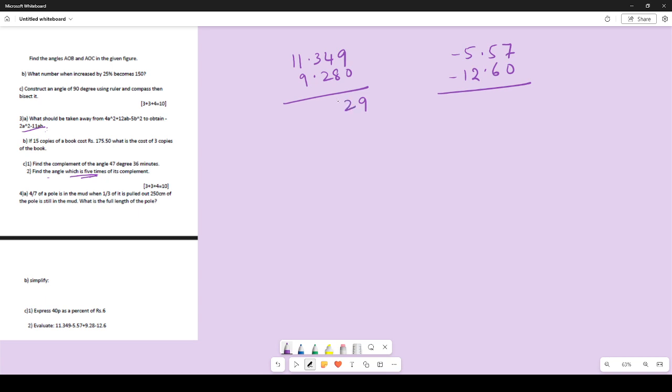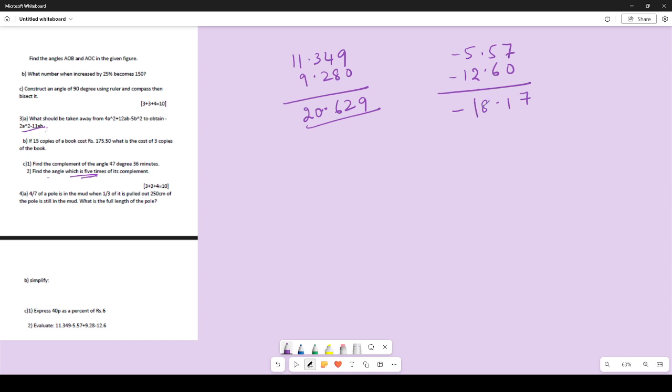20.629. This is what you get on adding all the pluses, and this is what you get when you add all the minuses. So 5 and 6, 11 to 8, 18, right?